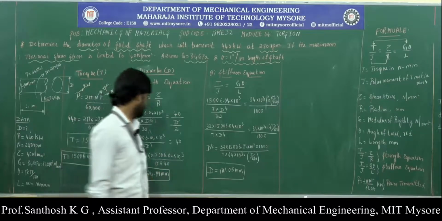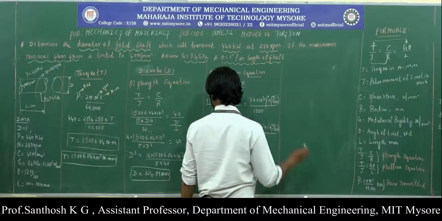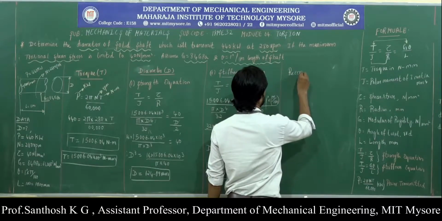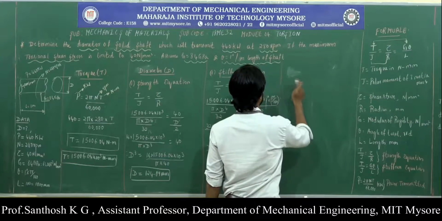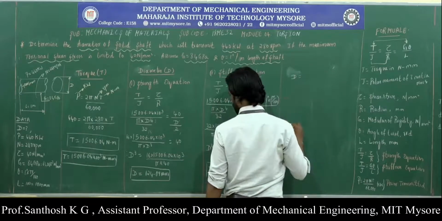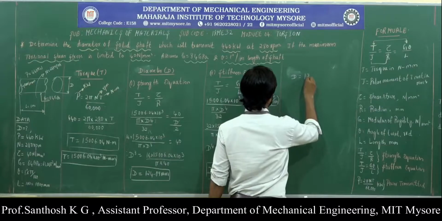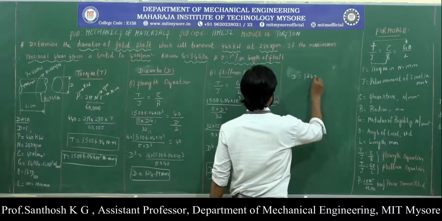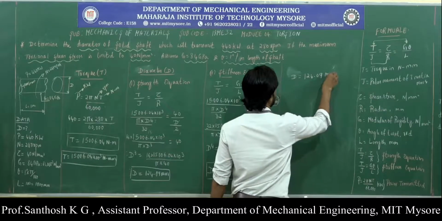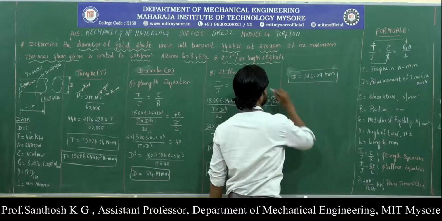So out of these two, the higher value is 124.09. So whenever you need to recommend the diameter, you should always choose the higher diameter. Therefore, the value of d is 124.09 millimeters.